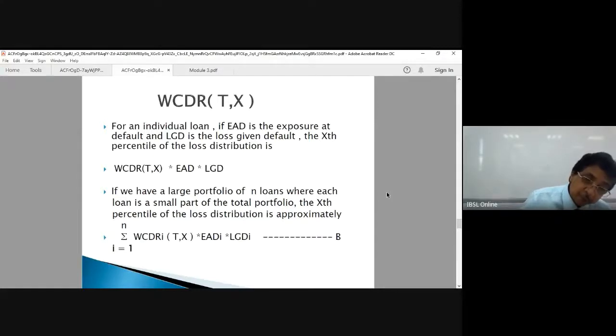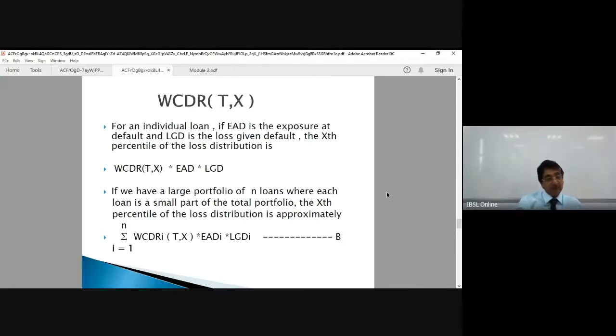But if you talk in terms of a situation where all the loans' worst case default rate would become the same value, in what situation would it happen? It would happen when there's a severe downturn in the economy.